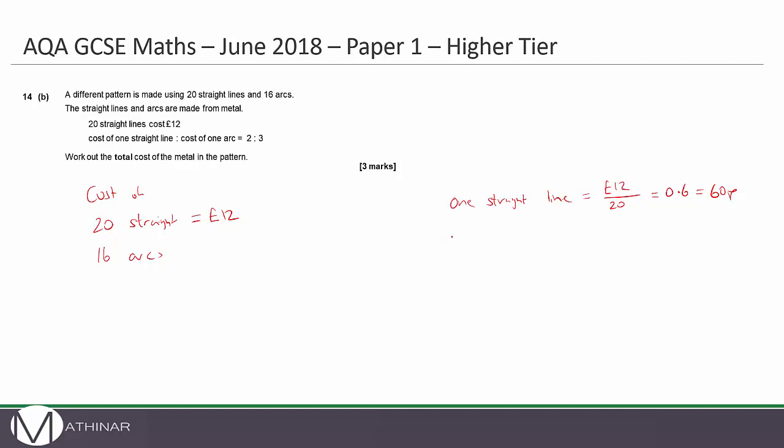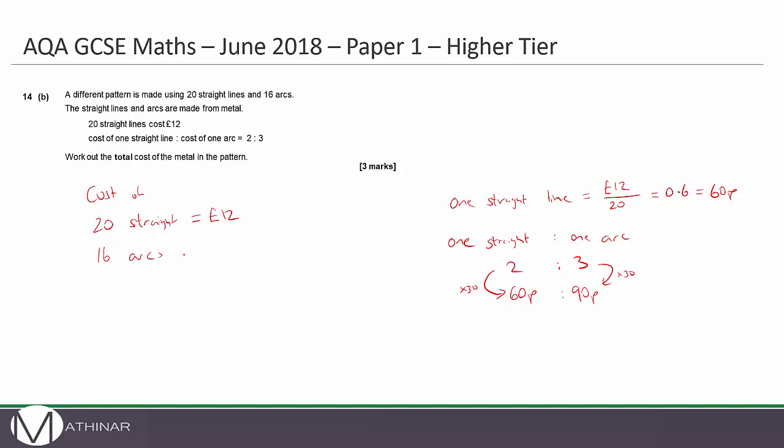Okay, so the cost of one straight to one arc is in the ratio of 2 to 3. Now we know that one straight is going to cost us 60p. So to get from here to here, we multiply by 30. So we multiply by 30, so one arc is going to cost 3 times 30, 90 pence.